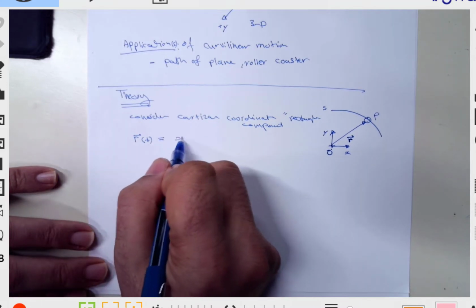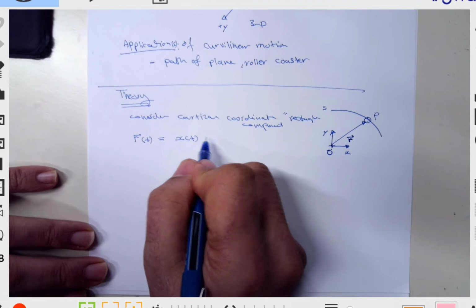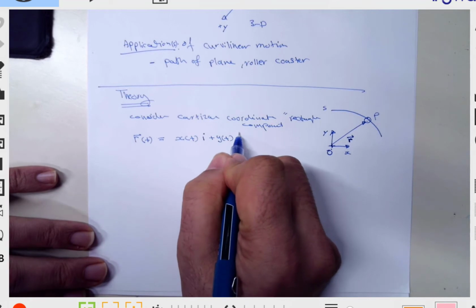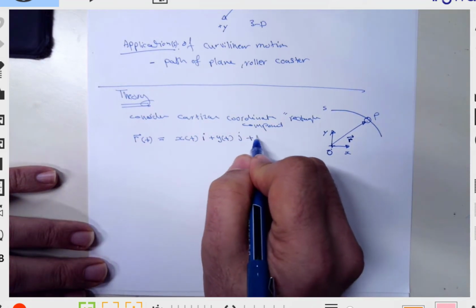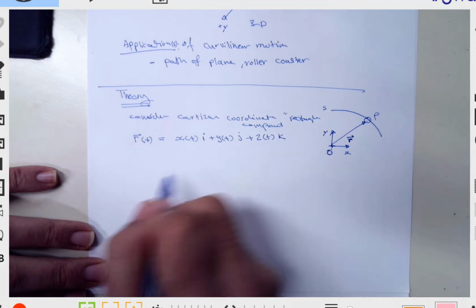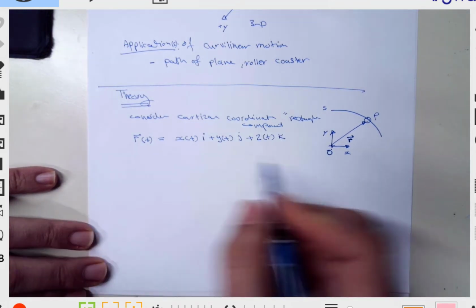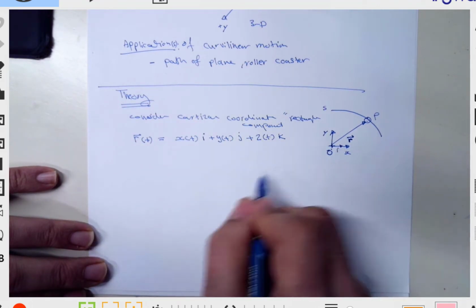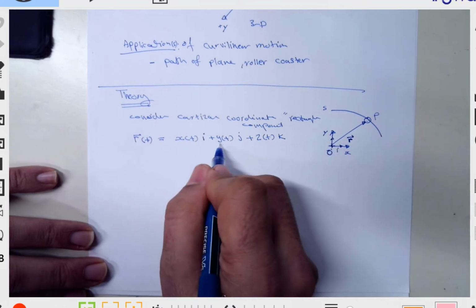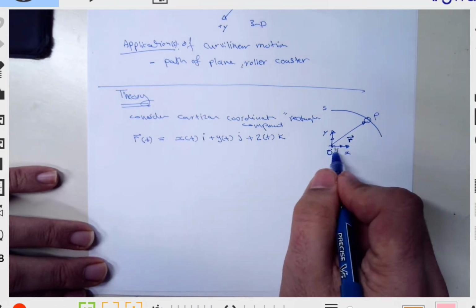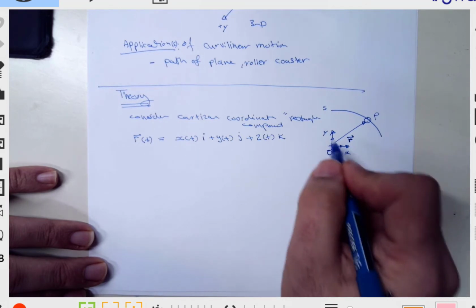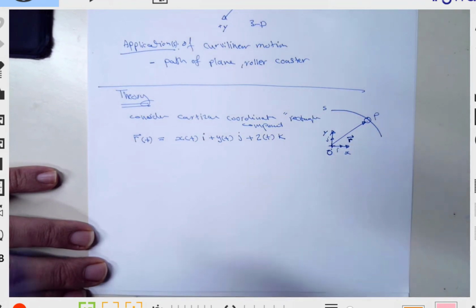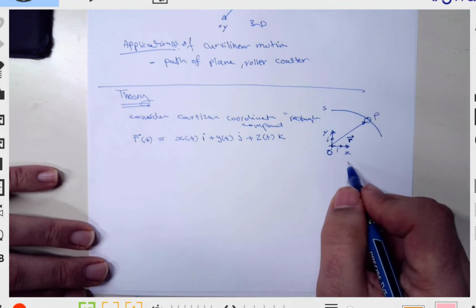To the x(t) i component plus y(t) j component, and if it's 3D, then z(t) k, where i, j, and k are unit vectors indicating the direction: i in the x direction, and y(t) is the component of r(t) in the y direction, which is called j, and z if we have a third component.